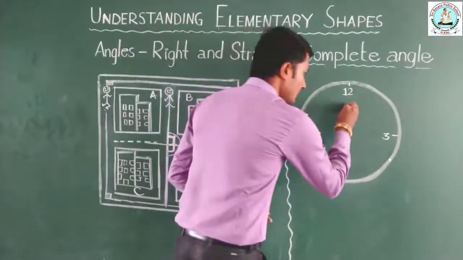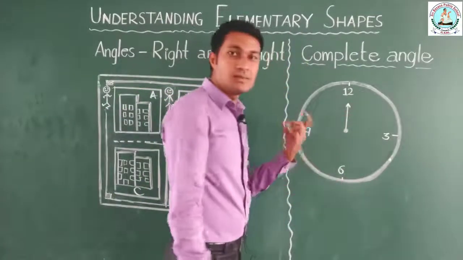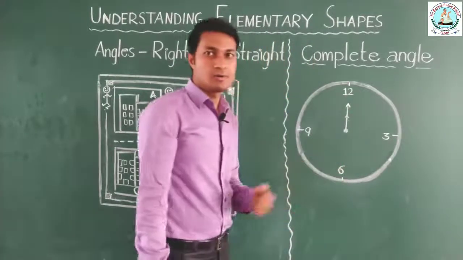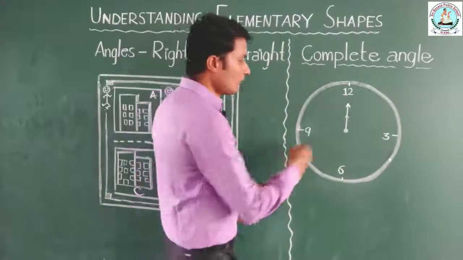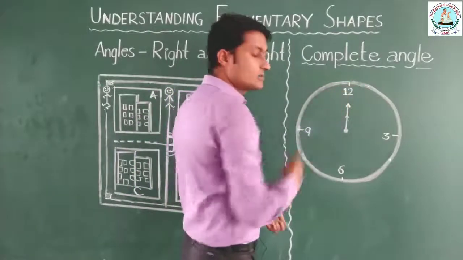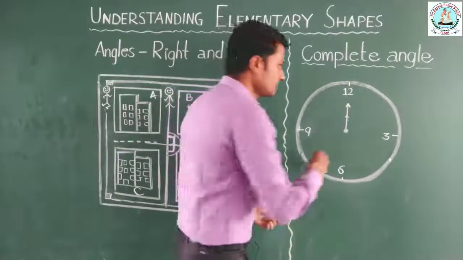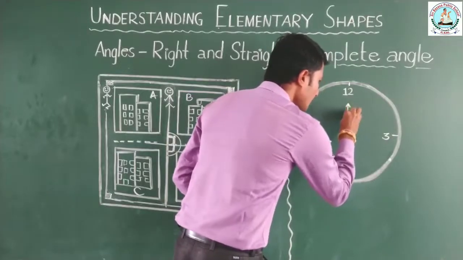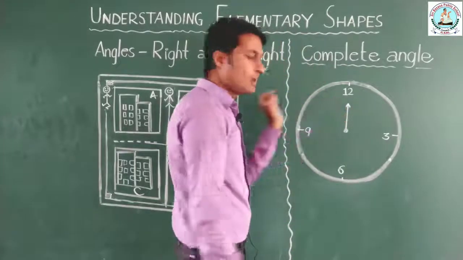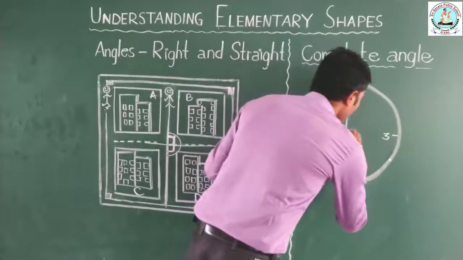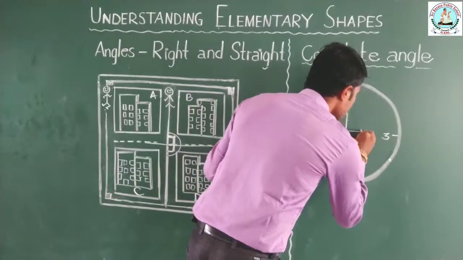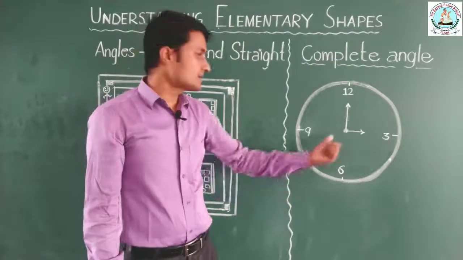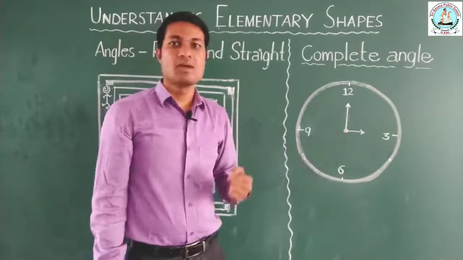One hand shows the minutes, and another hand shows the hour. Here both hands are facing towards 12. Imagine that your minute hand is facing towards 12 and your hour hand is facing towards 3. Now tell me, what is the time? You can say that the time is 3 o'clock.